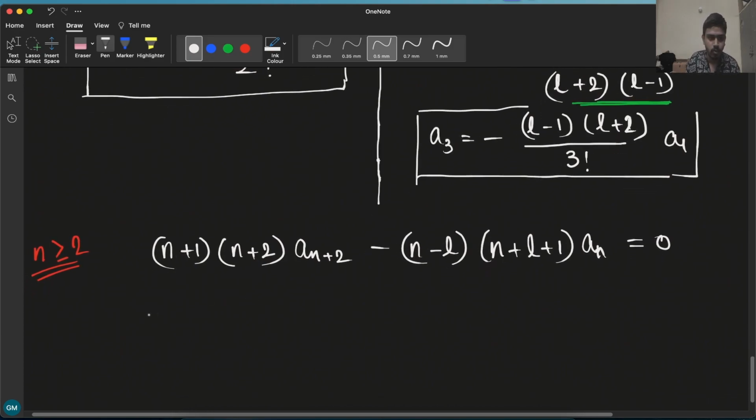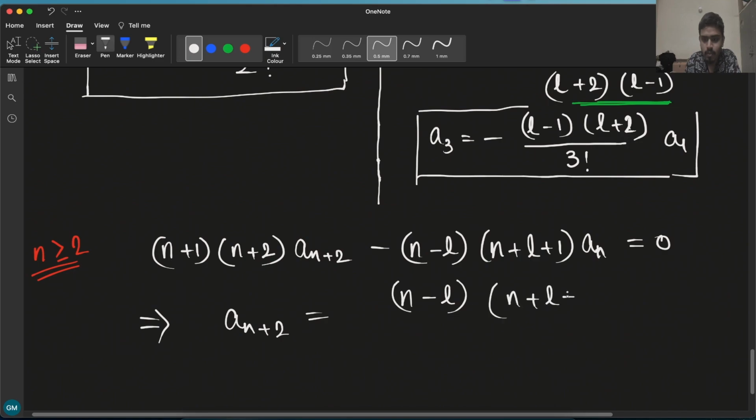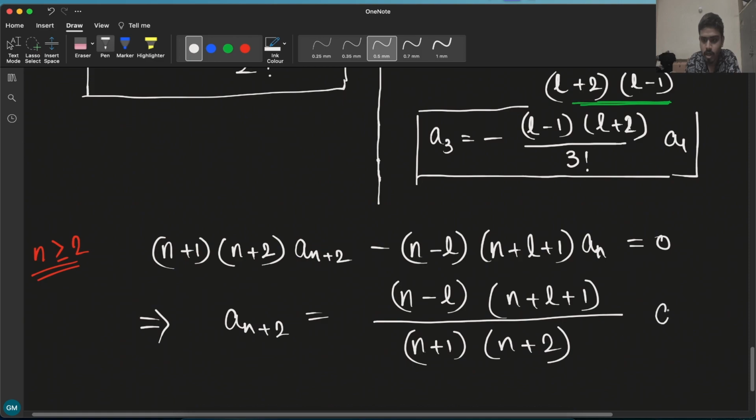Okay, and which basically gives me a n plus 2 equals to n minus L times n plus L plus 1 divided by n plus 1 times n plus 2 times a n.